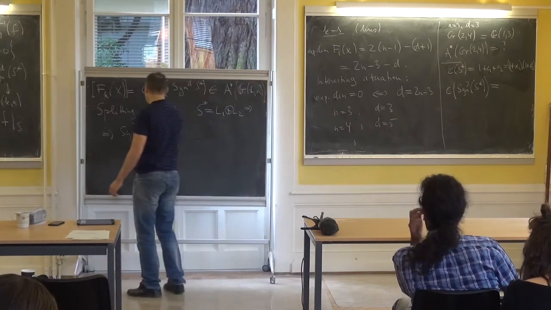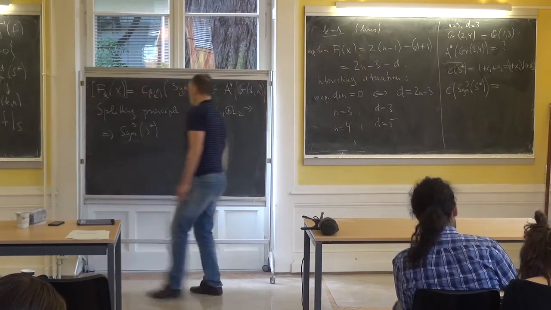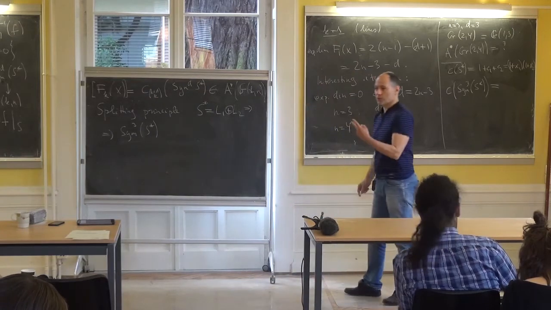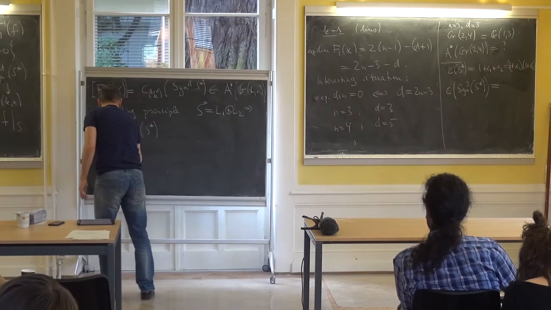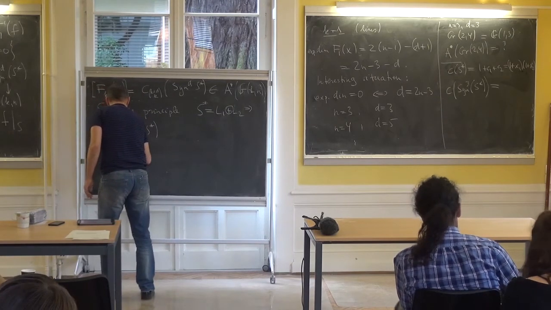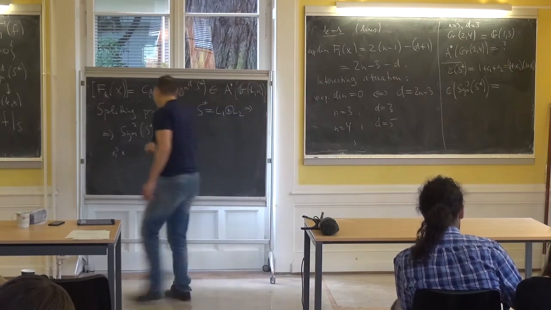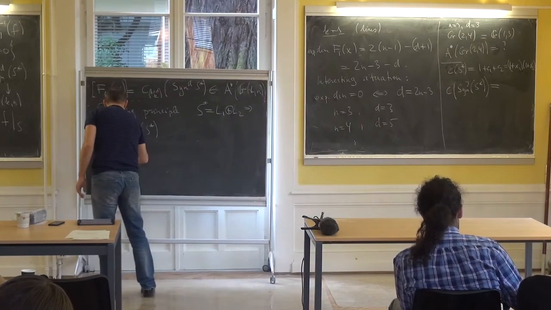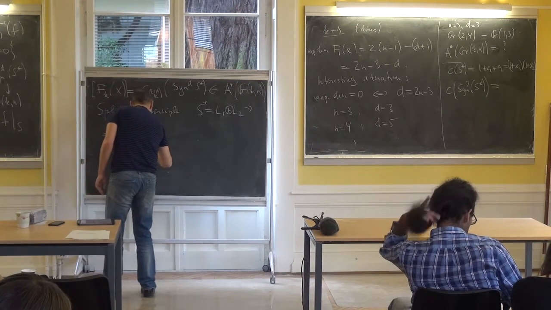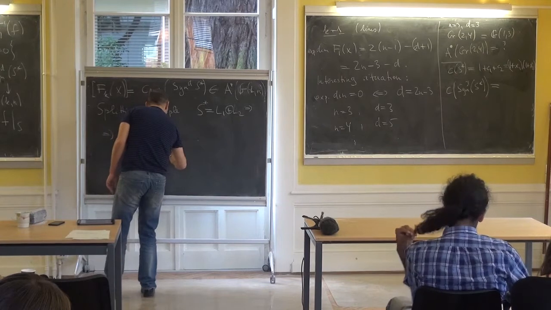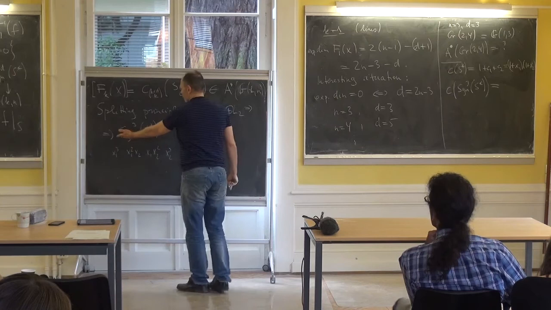So Sym^3 of S star is just going to be cubic polynomials on this 2-dimensional vector space, and those have a basis: x1 cubed, x1 squared x2, x1 x2 squared, and x2 cubed.